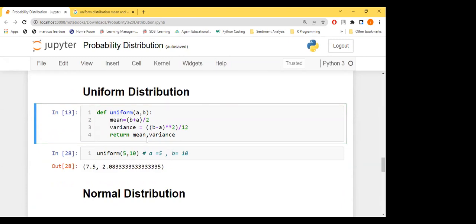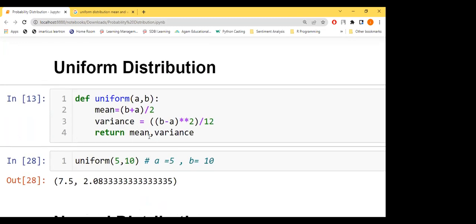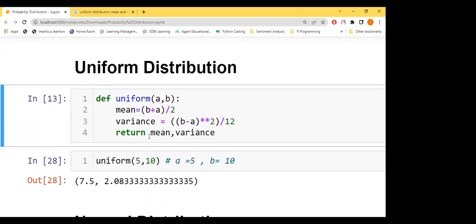This helps us compute mean and variance. This function, guys, I have made manually to compute mean and variance easily. That's why. The inbuilt function is slightly difficult.